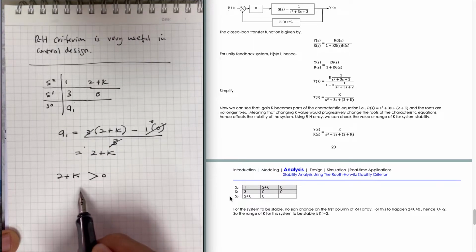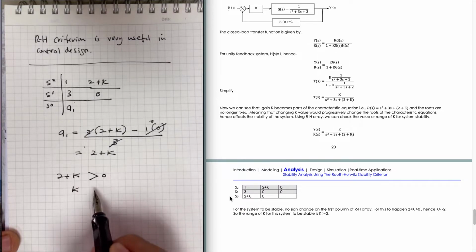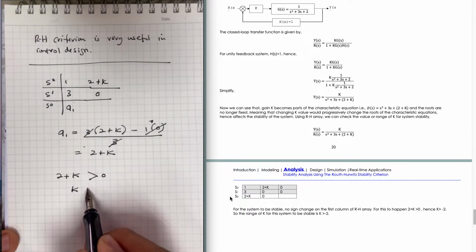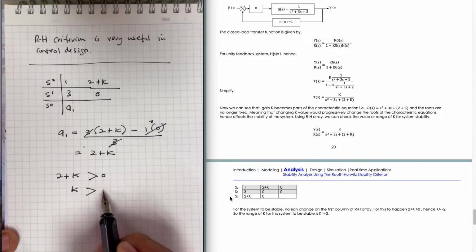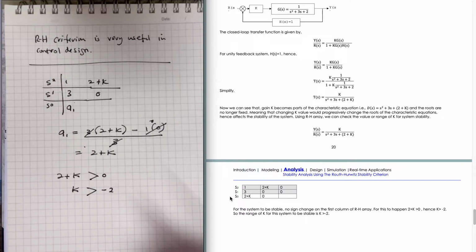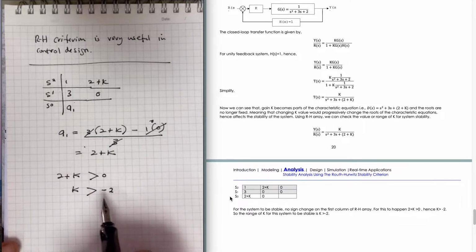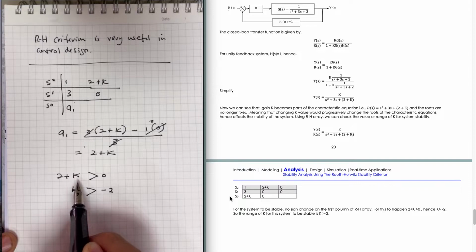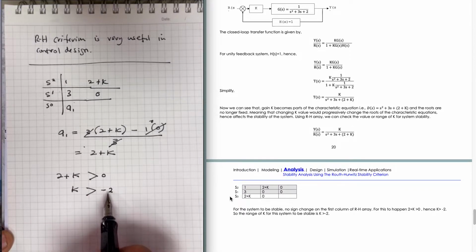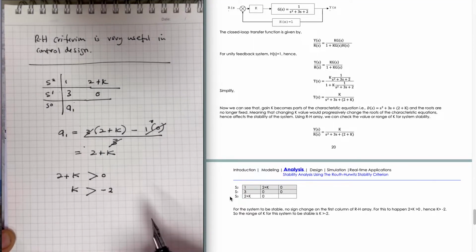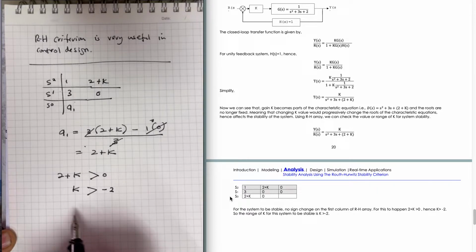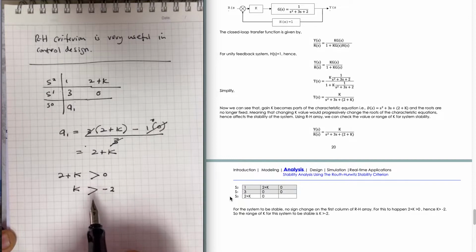So we can use 2 plus K greater than 0, right? So K must be greater than minus 2. K is greater than minus 2. So as long as the value of K is greater than minus 2, for example minus 1 is greater than minus 2, it will keep this A1 sign positive, right?